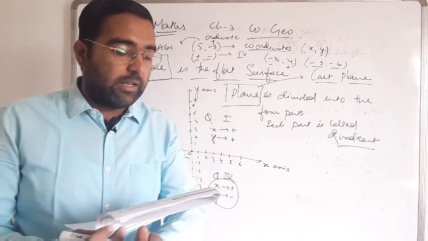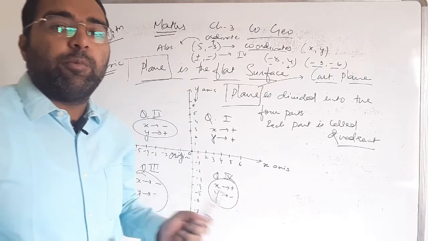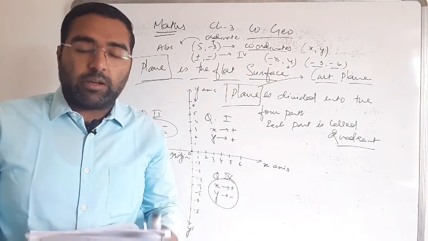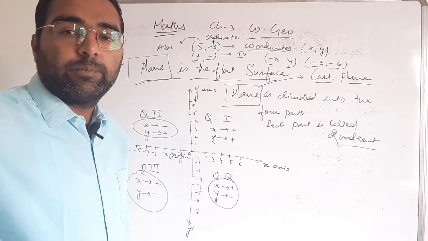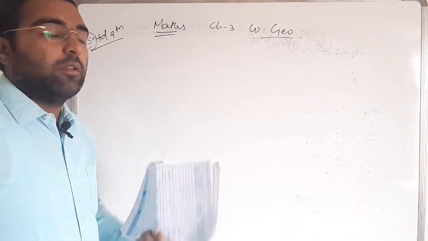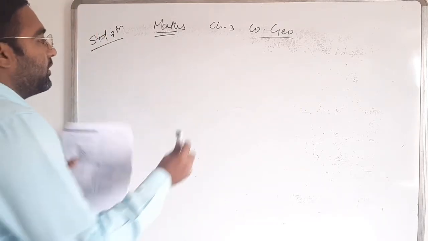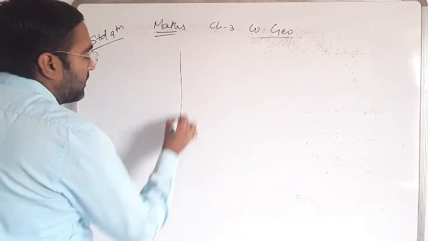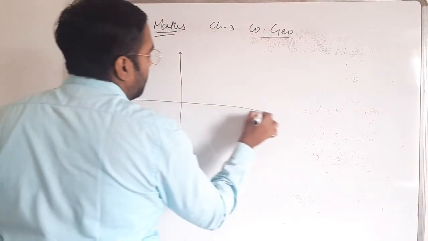Now it says to locate the following points in the Cartesian plane. We need to locate all these points in the Cartesian plane. So let's start. First of all, I'll draw the axes here.